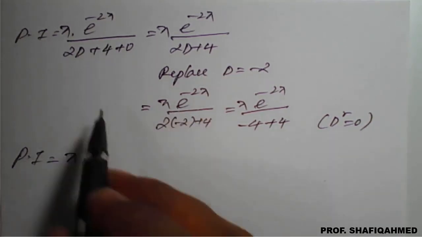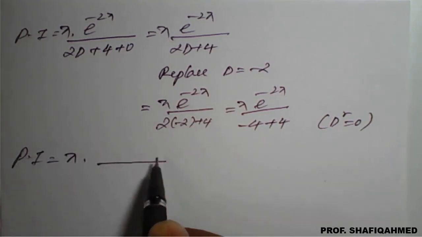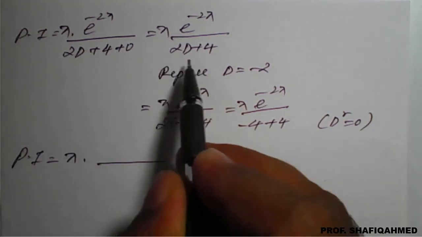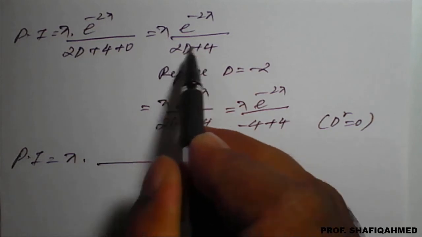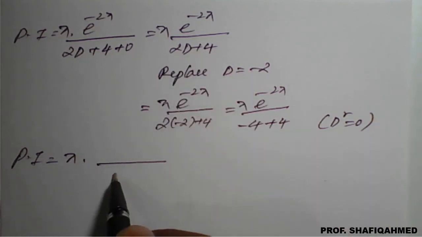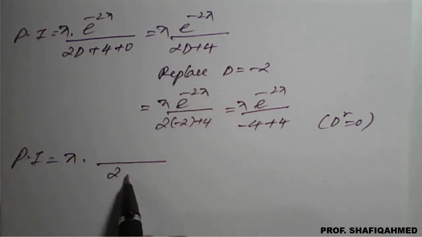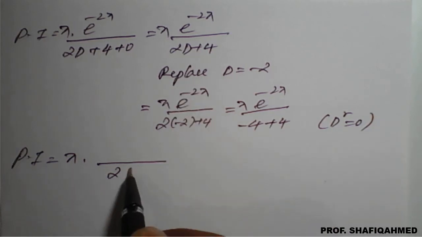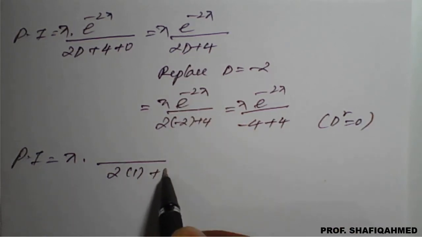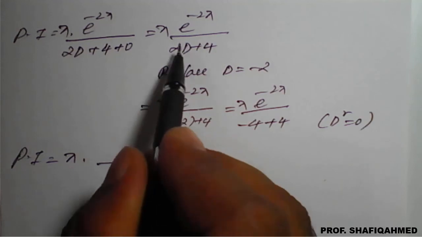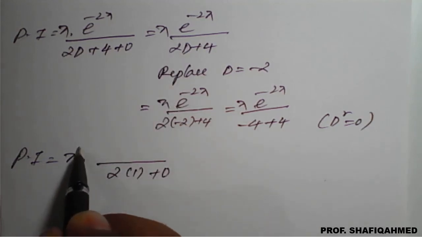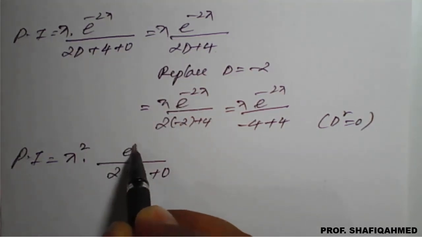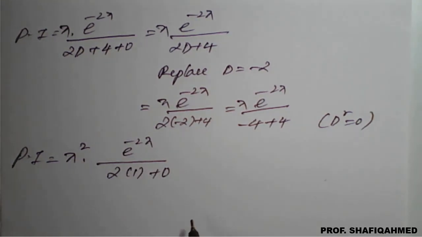Differentiating the denominator 2d plus 4 gives 2 into 1 plus 0, but we need to multiply one more x, so x into x becomes x square, and e raised to minus 2x as it is.